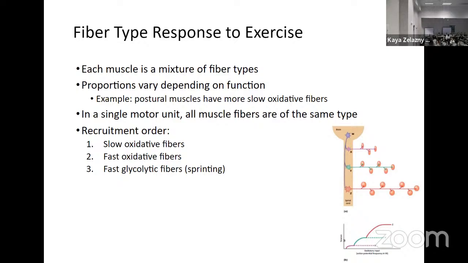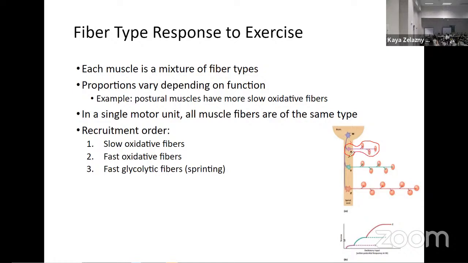Now, it happens to be the case that even though we have a mix of fiber types in any named muscle, in a motor unit, all the muscle fibers are going to be the same type. Remember, we have a motor neuron. Here we've got motor neuron X, and it's going to go out to multiple muscle fibers.